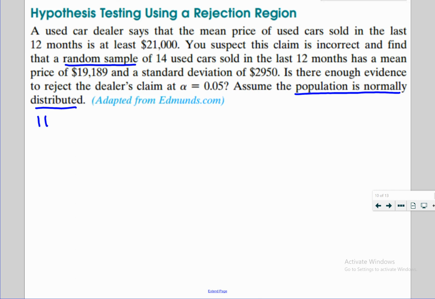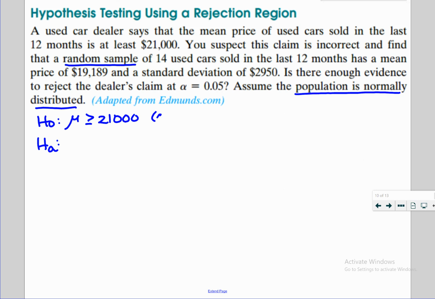Let's go ahead and write our hypotheses, the null and the alternative. The dealer is claiming that the mean price of used cars sold in the last 12 months is at least $21,000. So at least would be what inequality symbol are we going to use? It's going to be the null, and then greater than or less than. At least, greater than or equal to 21,000.